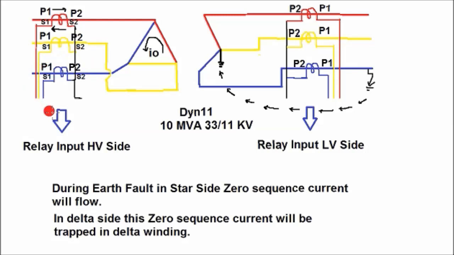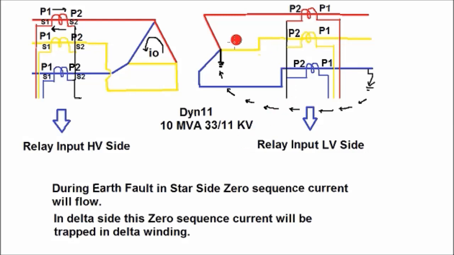So there will be a mismatch of the current between the HV side and LV side CT. In order to avoid this mismatch of the current, zero sequence filtering is given for the star side of the transformer where the neutral point is grounded.